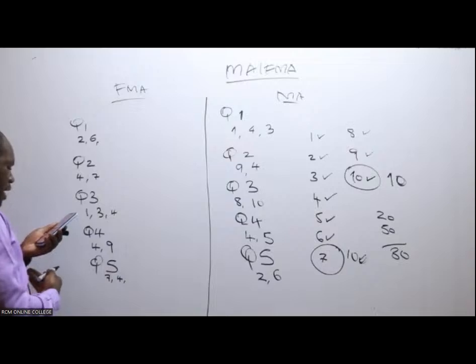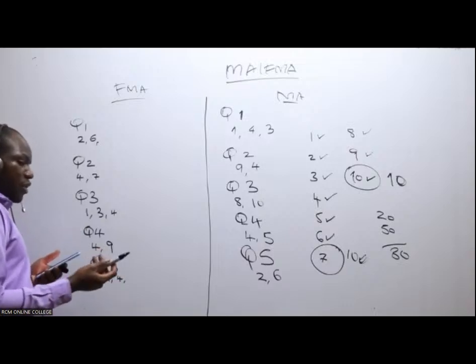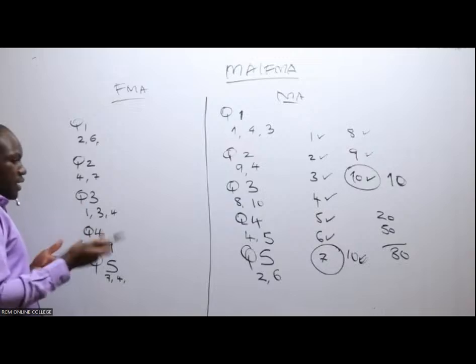Then B, analyze 4 limitations that a firm would encounter when operating a marginal costing system. So you've just seen limitations of operating marginal costing system, and then also the question given up there of 11 marks.